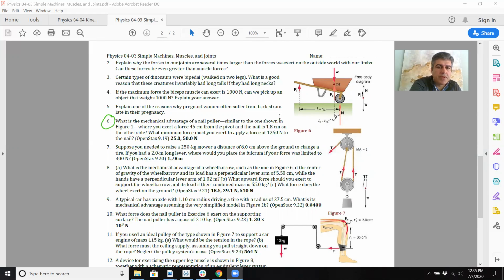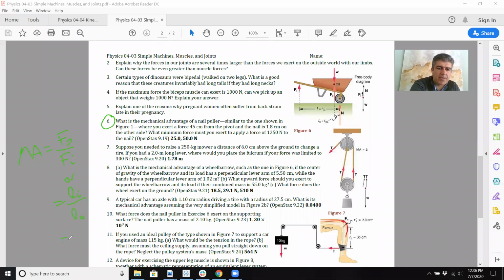So remember, mechanical advantage is going to be your output force divided by input force, or it could be equal to the input length over the output length. Now in this case, the output length is 45 centimeters.